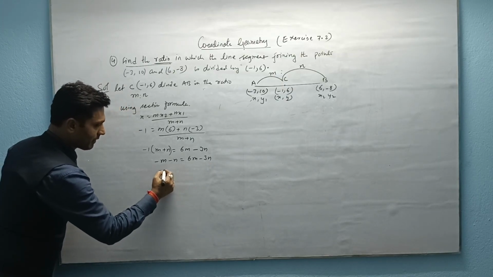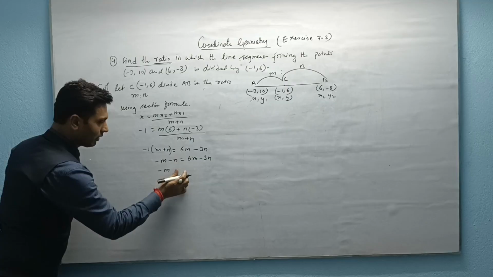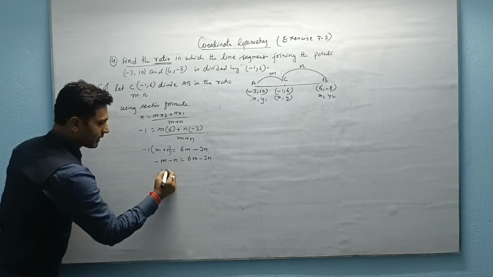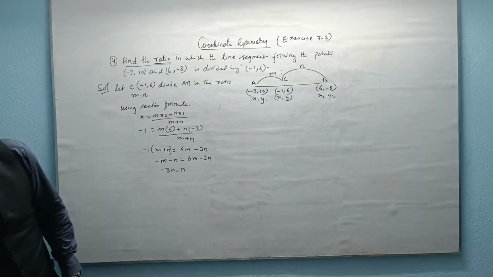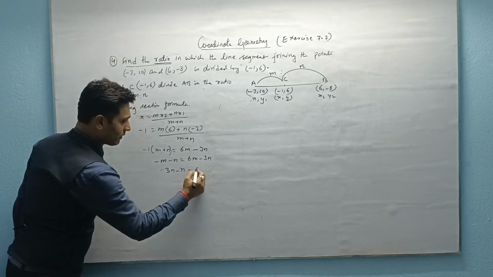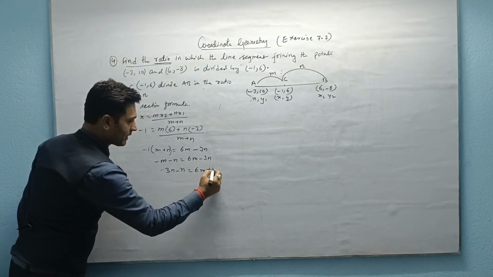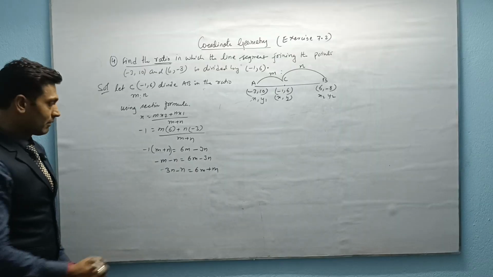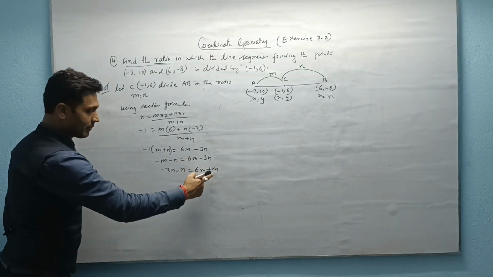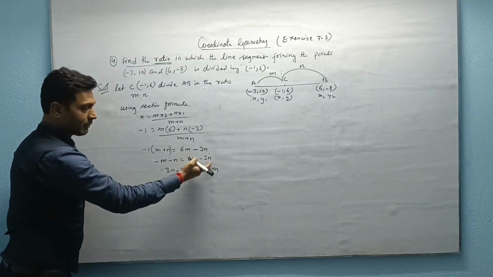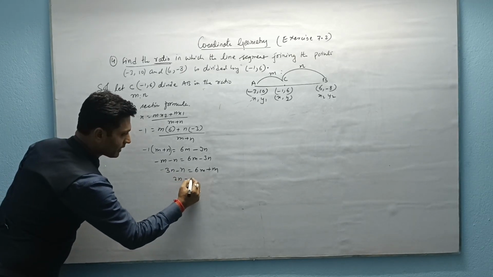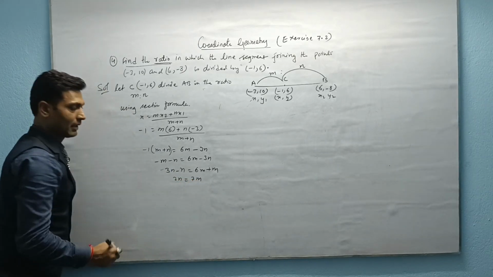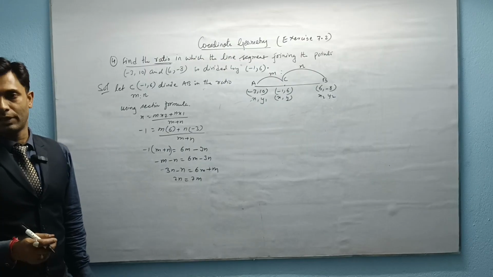We can bring this 3n to this side, minus n, and this is equal to 6m plus m. We take this m to this side, it becomes plus m. We change the side from minus 3n, it becomes plus 3n. So this is 2n is equal to 7m. But we need to find what? The ratio m is to n.